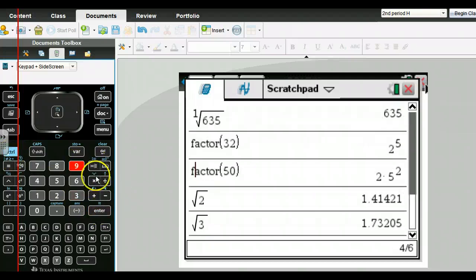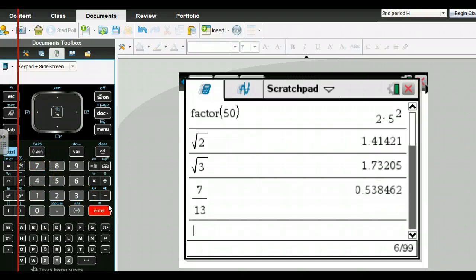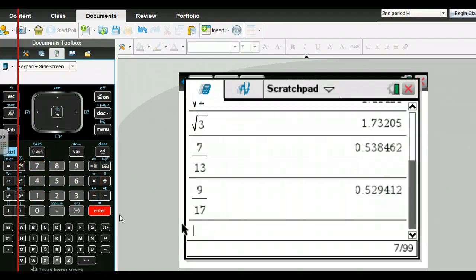And so you can easily see, well, let's see if it typed in 9 divided by 17. There we go. They're very close, actually. We have 0.53 and 0.52.